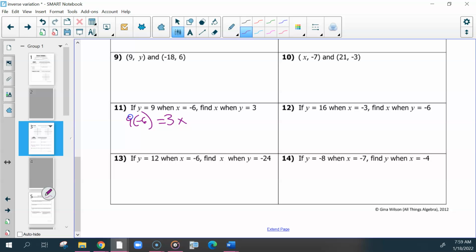And then we're going to multiply and then divide to find what x is. -54 equals 3x. And then divide everything by 3. What is that? -18. Double check that because I don't know if that was right.